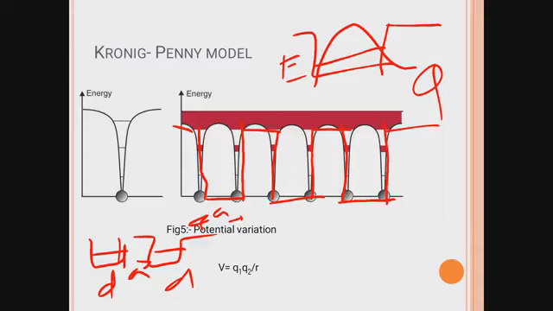But if the interatomic spacing is reduced, the picture will look like this. I am drawing it over here. The interatomic spacing is reduced as compared to this. So what will happen?